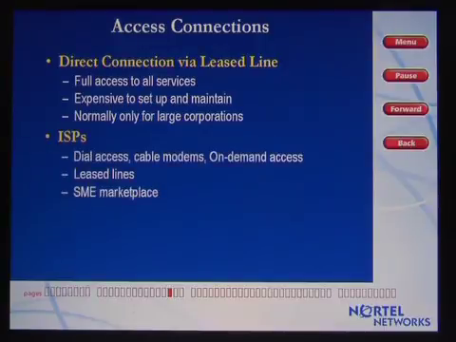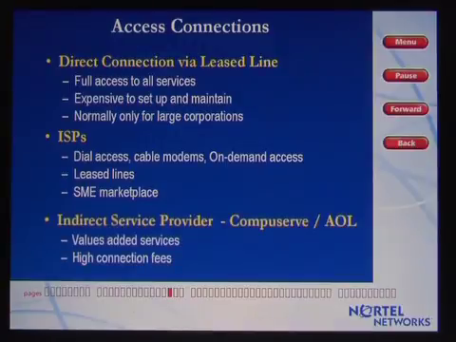The second method of connection is via an ISP. Access can be via dial-up using modems or ISDN, leased lines, frame relay, or ATM. The benefit of access via ISPs is that a connection method can be selected that matches the user's needs, normally switched access for residential and small business users, and permanent connection for corporate organizations.